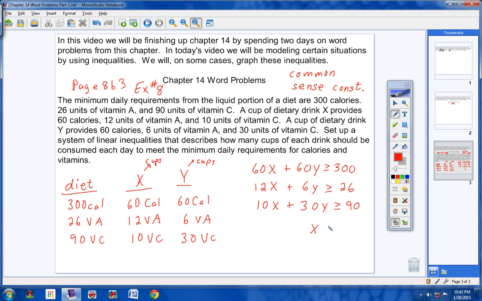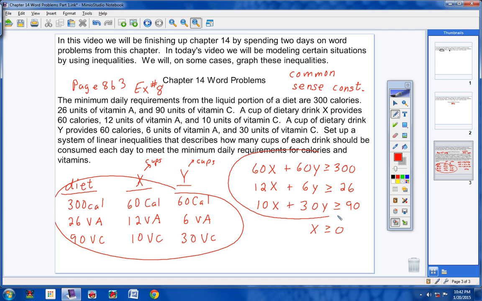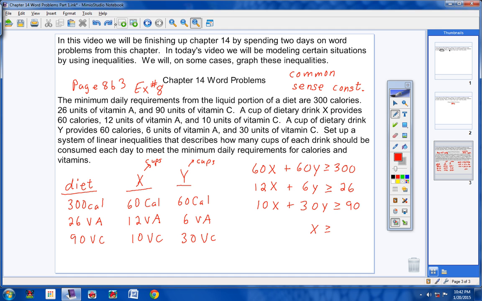So you know X must be greater than or equal to 0. Always ask yourself, students, when you're done taking all the information and writing your inequalities, are there any common sense constraints? Okay? Now, your cups of your Y drink, you can't drink negative cups. Alright? So Y is greater than or equal to 0.